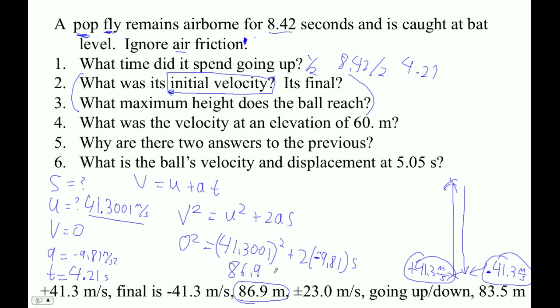Now we've answered this question: the velocity is plus or minus 41.3, and the maximum height is 86.9 meters. Now they're asking us what's happening at an elevation of 60 meters, so we'll use this 41.3. I'm going to erase, so you might want to pause.